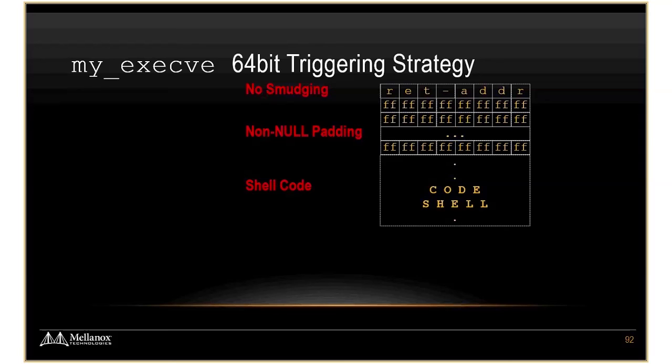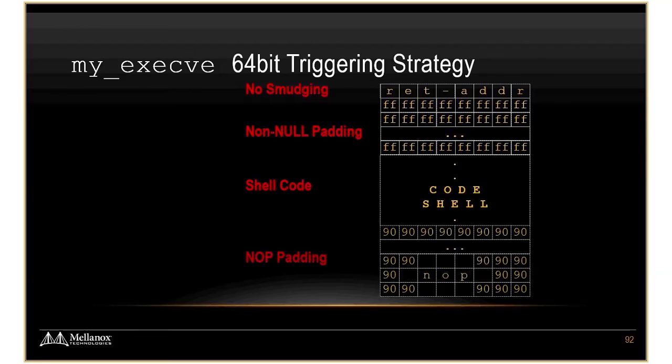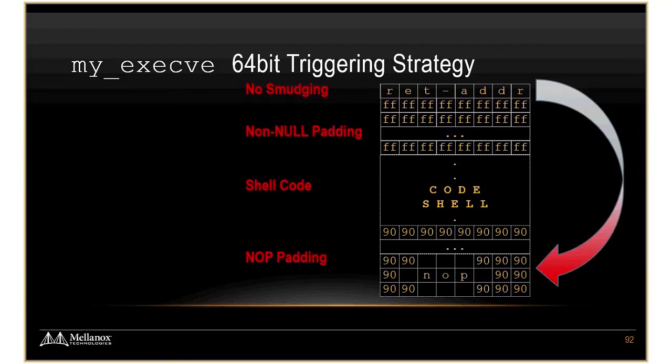I'll have to fill in with non-null values. The return address will be able to jump somewhere into the NOP area. It doesn't have to be precise, but where it resides on the stack has to be precise.